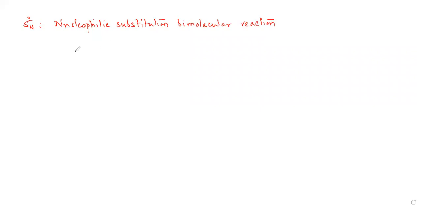Let me give you an example. Methyl chloride with OH minus gives methyl alcohol and then Cl minus.